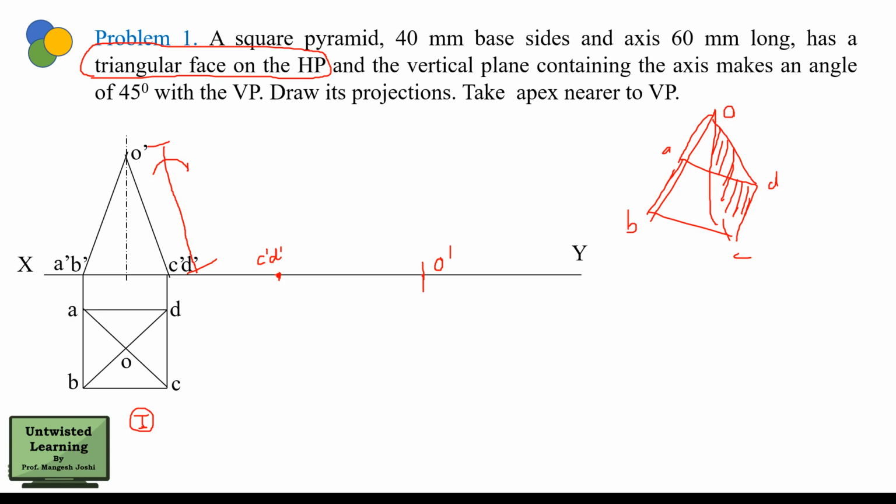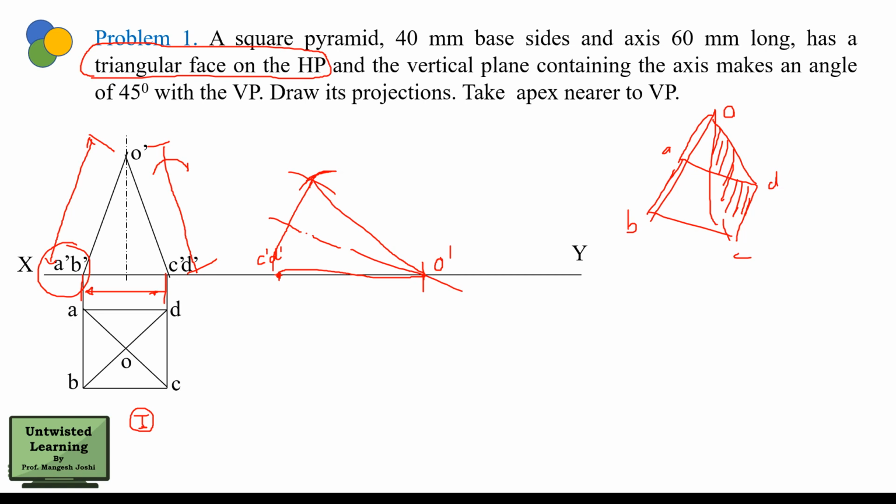Now whenever you are marking this A dash and B dash, just simply take distance from O dash to A dash B dash, cut one arc over here. Similarly, take distance of A dash to C dash. This distance you have to take in compass and keep it on C dash D dash and cut the same arc, so that you will ultimately get something like this.